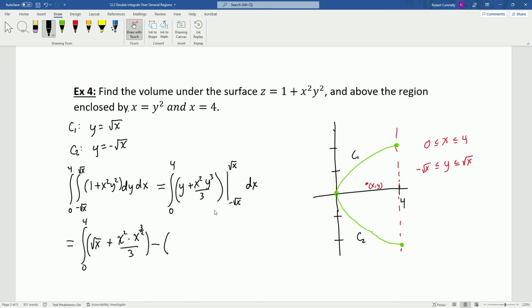Now we've got negative root x plus x squared. And here we're taking a negative to the 3rd power, so it'll still be negative. And it'll be x to the 3/2 again, over 3.